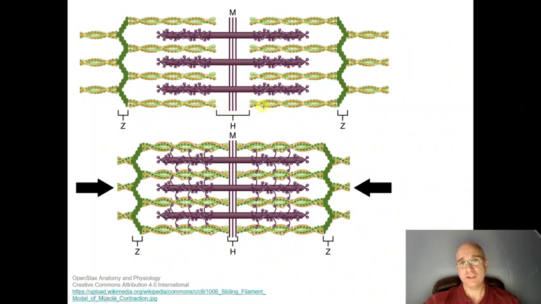When an action potential is delivered and the muscle is going to be contracting, the myosin heads actually cause the actins to move towards the M line, so much that our H zone you can't even see anymore. So the actins have actually been pulled, and in this case are touching our M line. So our H zone is completely gone.